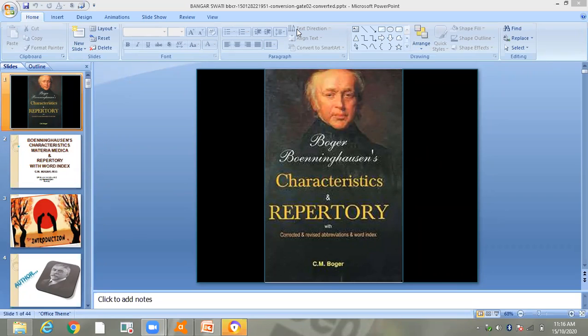As we discussed in special features, the mind section is given in a very elaborate way, and some rubrics in this mind section in BBCR we cannot get in Kent repertory as well as synthetic repertory, because it was enlarged and developed, so it was useful practically.